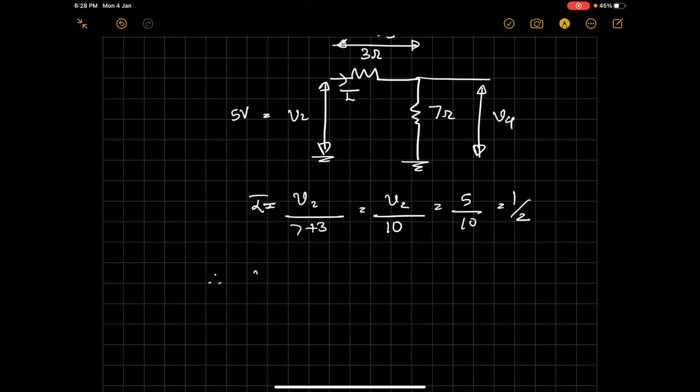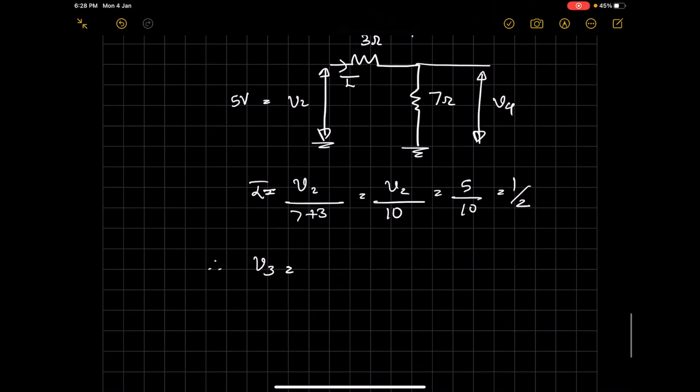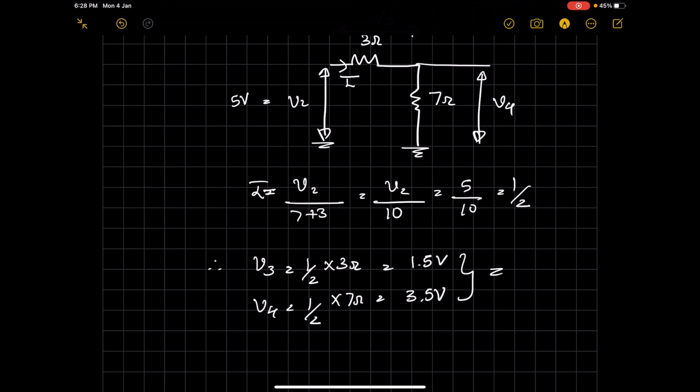Therefore V3 is nothing but current half into the 3 ohm resistance, that is 1.5 volt, and V4 is nothing but the current half into the 7 ohm resistance, that is 3.5 volt, which both add up together to give 5 volt.